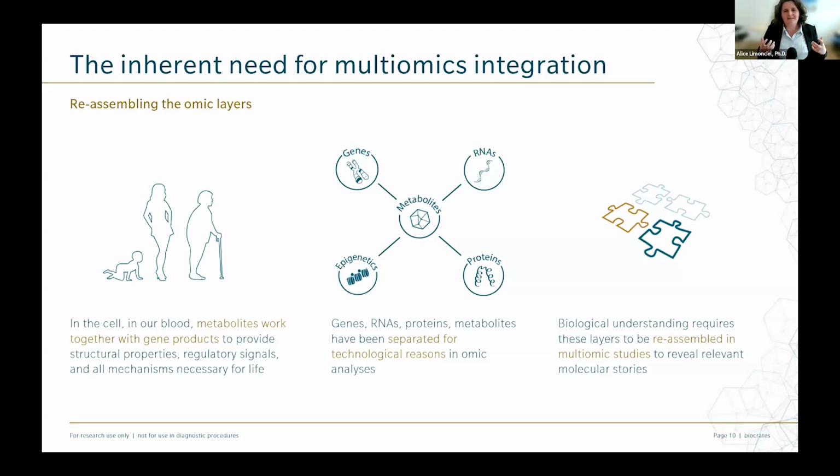So multiomics is our way of kind of moving back from this reductionist or simplified way of looking at biology into adding complexity to it by assembling those different omics. And to do that, basically, everyone is using their best guess at how to combine those things together.